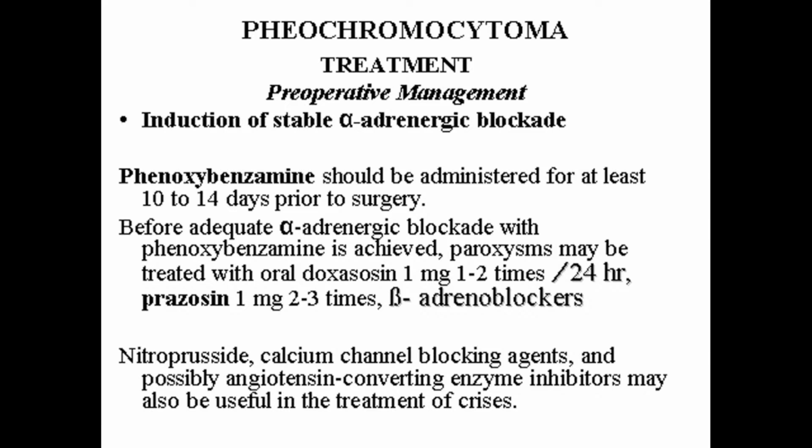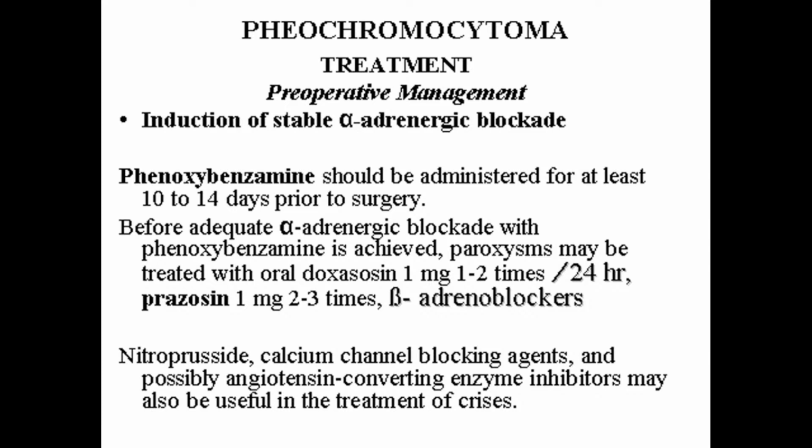Before adequate alpha-adrenergic blockade with phenoxybenzamine is achieved, paroxysm may be treated with oral doxazosin, 1 milligram once or twice a day, or prazosin, 1 milligram twice a day.